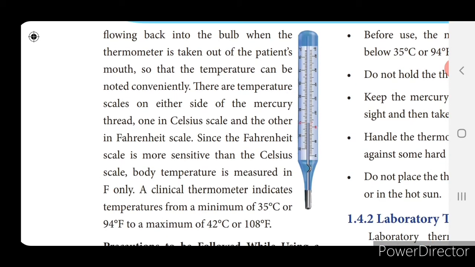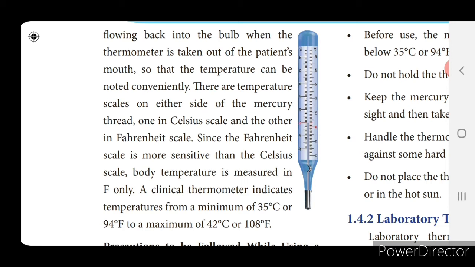You can observe this picture. You would have seen this one. It is made up of a glass tube, and inside that a small capillary tube will be present. There is one bend, which we call the kink. At the tip there is a knob-like structure, and inside that the mercury will be there. When this thermometer is kept in the mouth of a patient, according to the temperature of the patient's body, the mercury will expand and rise.